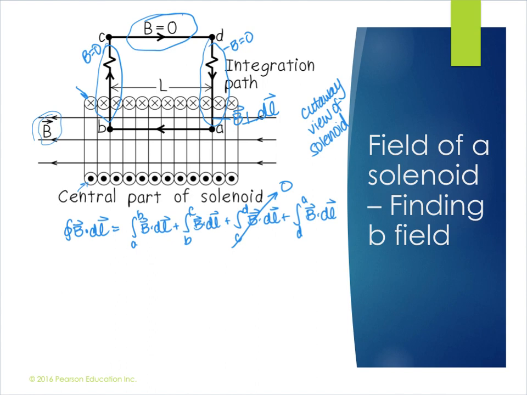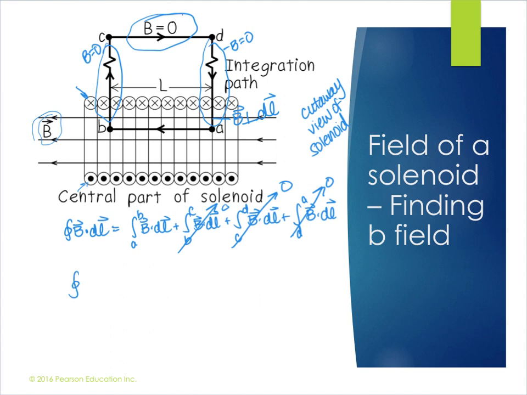So on the 2 sides of my square, my integration is 0, either because part of it is outside the solenoid where the magnetic field is 0, or it's inside the solenoid, but my path is perpendicular to the direction of the magnetic field. So I'm going to get rid of D to A and B to C.